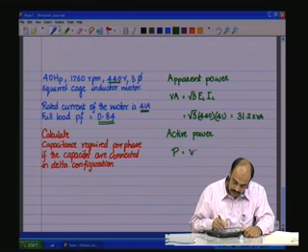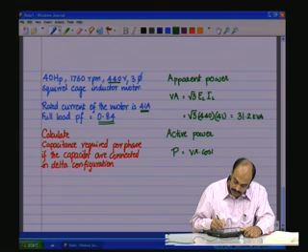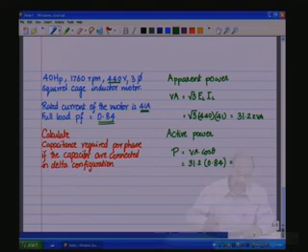So P is equal to VA into cos theta, which is equal to 31.2 into 0.84, and that amounts to 26.2 kilowatts.